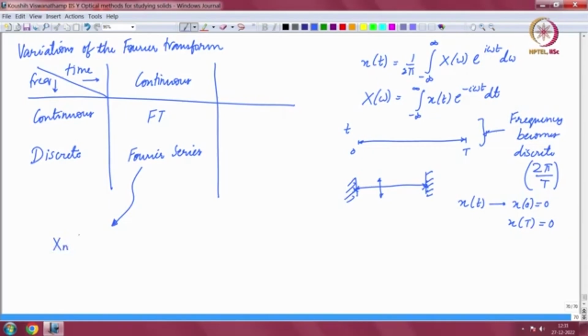So the thing that changes when you do this is in the discrete case, when you have Fourier series, you do not have any frequency, but you have a discrete set of frequencies and they are given by this. Okay, there is no omega now, there is only Xn.